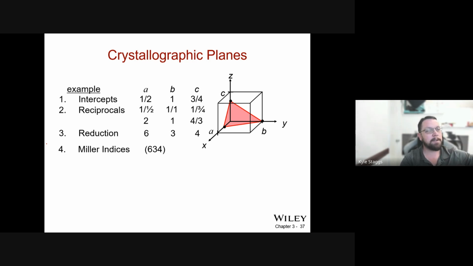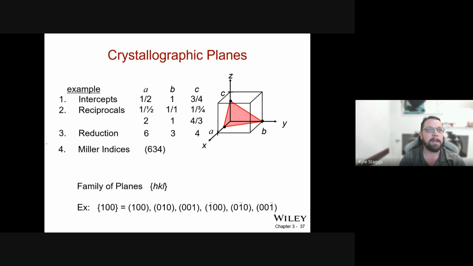So it's not always single digit. There's not always a 0 or a 1. They can be just about anything. But those crystallographic planes form families of planes, and that's indicated by these curly braces.